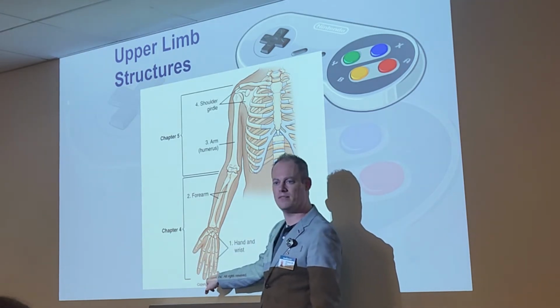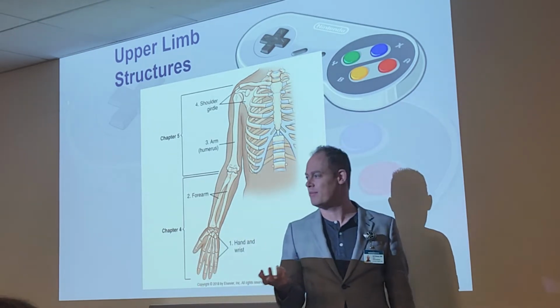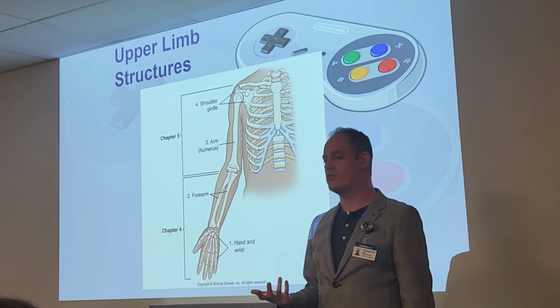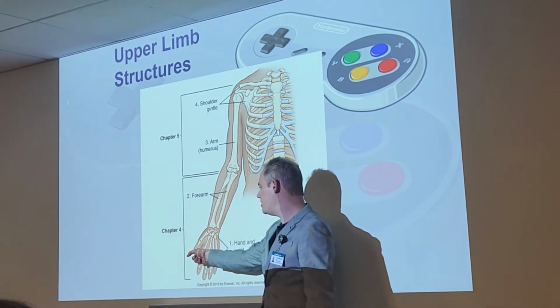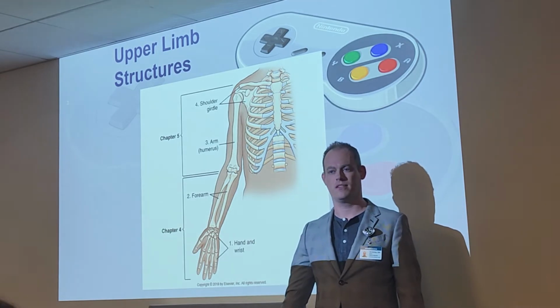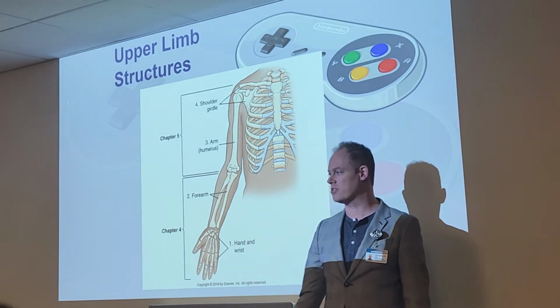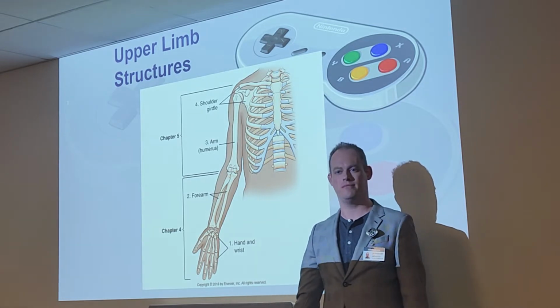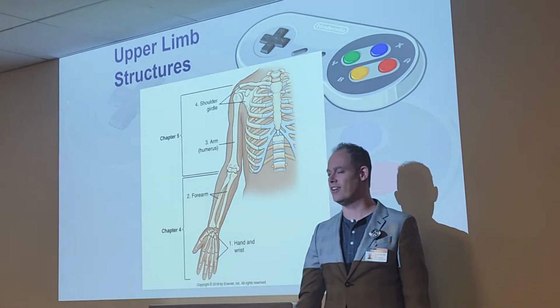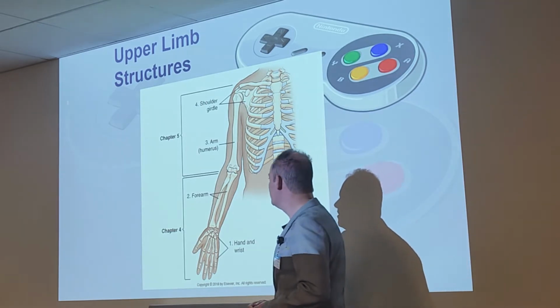Pinky's on what side? Medial. Now I'm saying thumb and pinky, but those are what we call layman's terms again. What's the actual scientific term? First digit, fifth digit. So first digit's on the lateral side, fifth digit's on the medial side. Radius is on the lateral side, ulna's on the medial, very good.